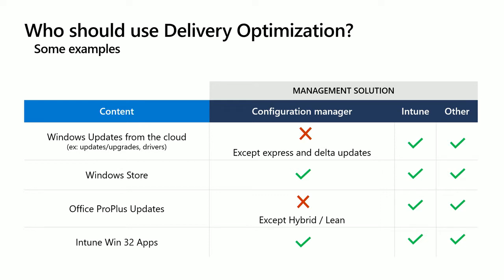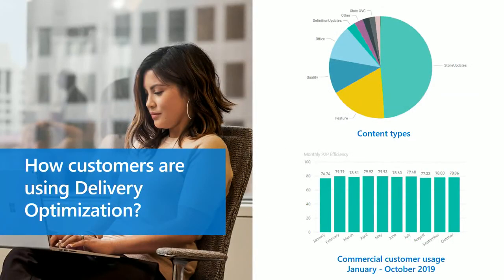Or for instance, if you are already on SCCM, allowing your updates to leverage Delta or Express updates, that's another thing you could leverage delivery optimization for. So just to give you a sense of what's the most content that's leveraging delivery optimization today.